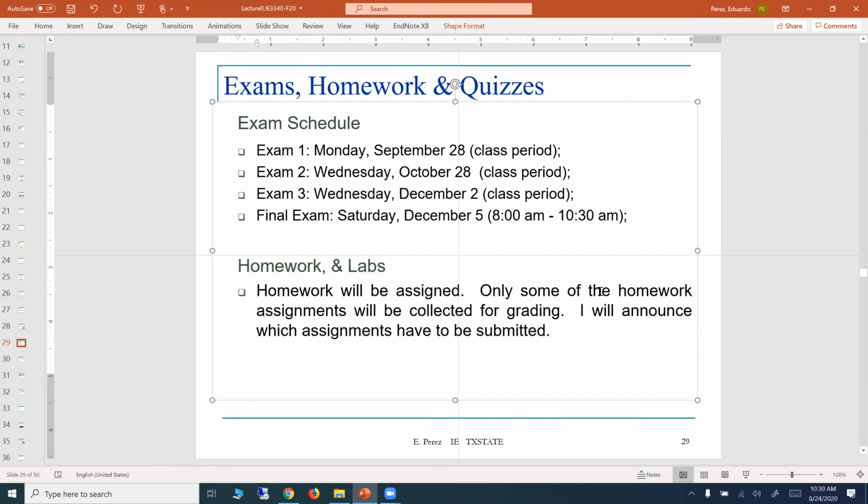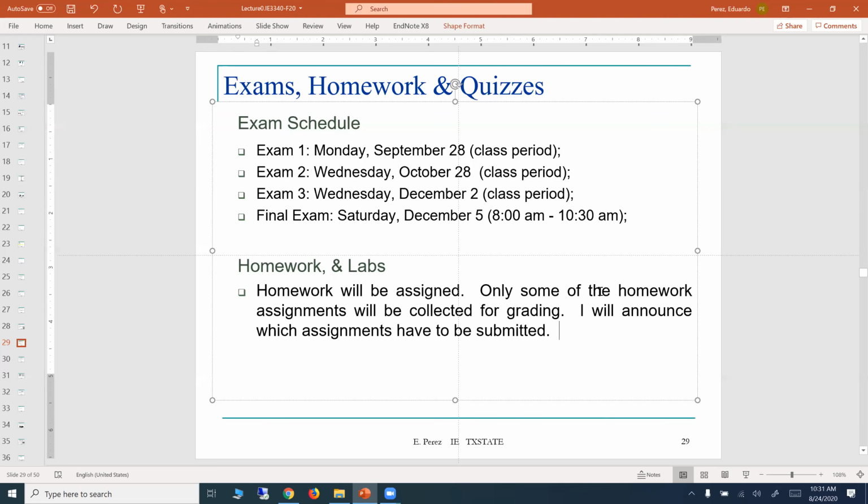They are going to be posted, so you're going to have to read the instructions and say, okay, I have to submit this one. For example, there are going to be times in which we have the exam on Wednesday, and I have a homework assignment that is posted on Monday. So the turnaround time for that homework is going to be very limited. So I will let you know, okay, this is the assignment.